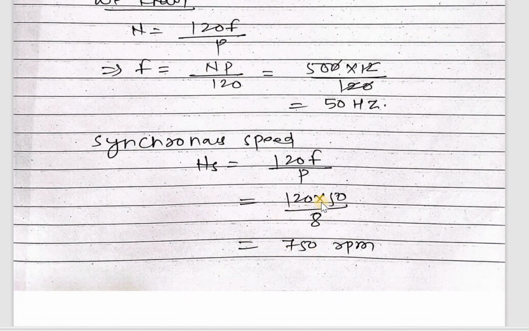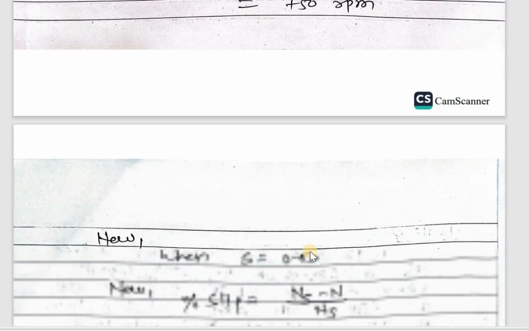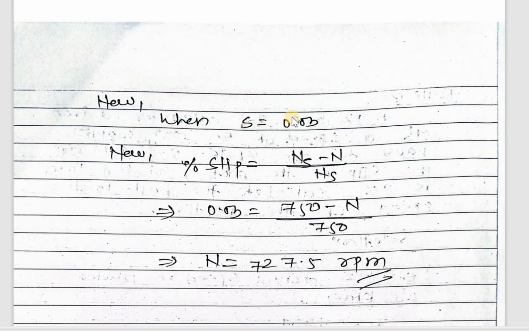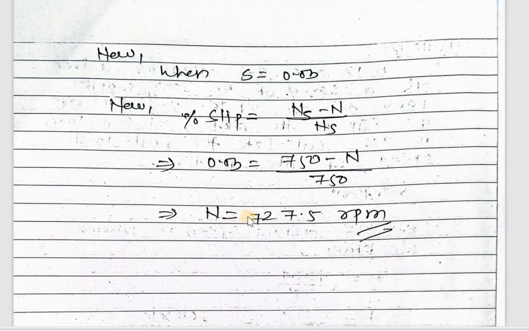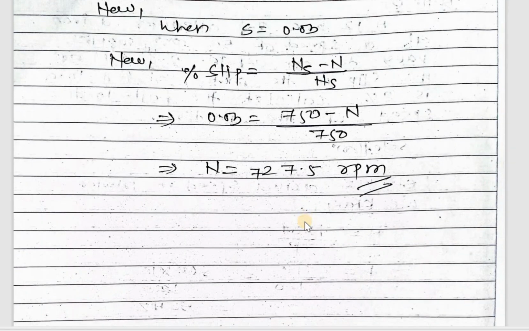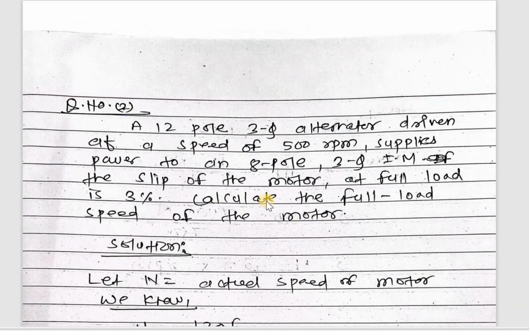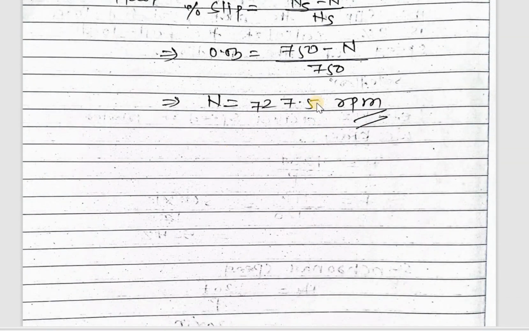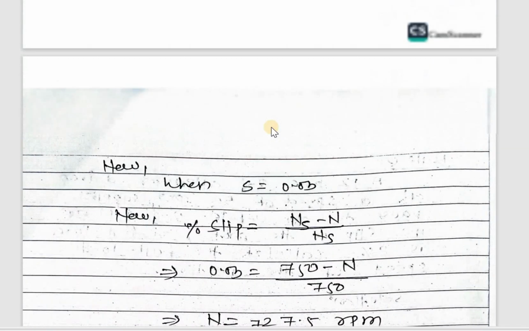So we can get the value of Ns as 750 rpm. And the slip is already given, 3%, so 0.03, and we know slip equal to (Ns minus N) upon Ns. So put all these values, we can get the value of N. And in the question, calculate the full load speed. So this is the speed of full load.